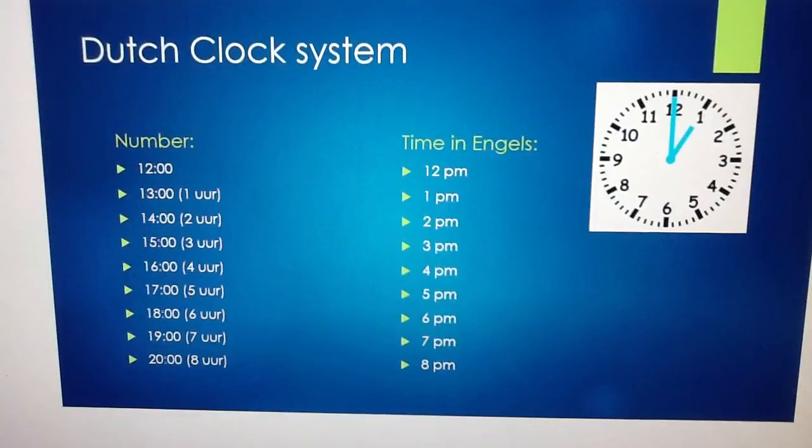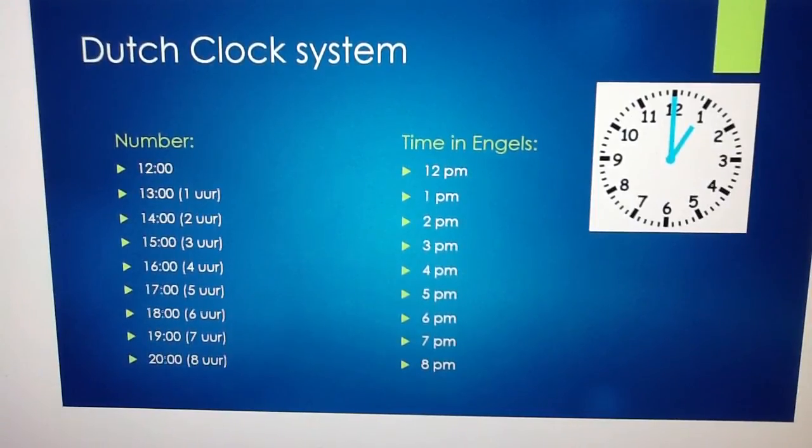So 1 hour is also 60 minutes, but we also use it for the time. 2 uur, 15 is 3 uur. 16 is 4 uur. 17 is 5 uur. 18 is 6 uur. 19 is 7 uur and 20 is 8 uur.